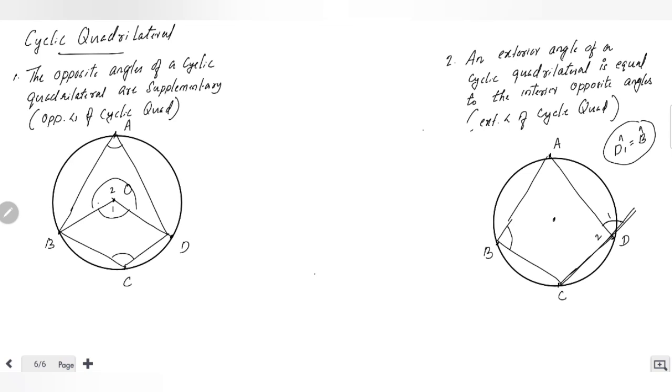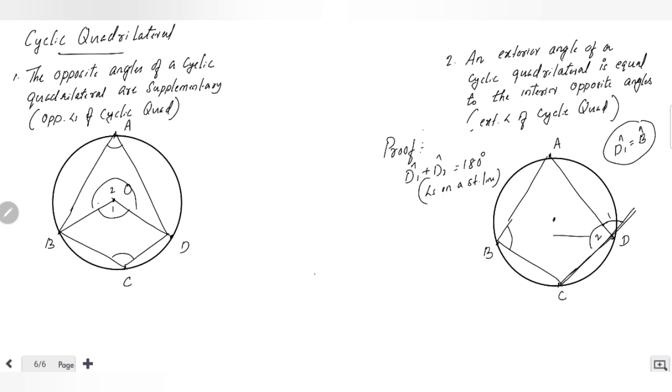How do you prove it? Very simply we can prove this one, because D1 plus D2 is equal to 180 degrees. Do you agree with that? Yes. What is the reason? Angles on a straight line. Sum of the angles on a straight line is always 180 degrees.